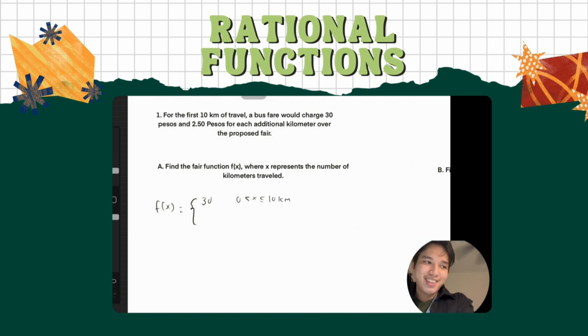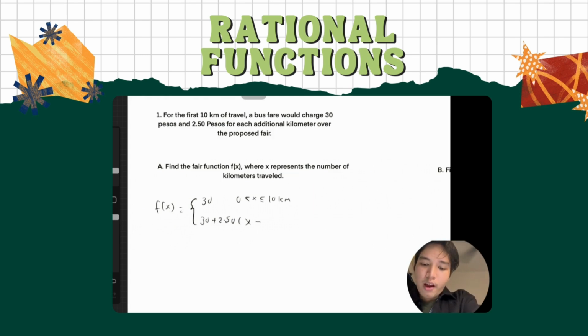And what happens if we travel over the proposed first 10 kilometers? So let's write 30 pesos plus an additional 2.5 pesos multiplied for each additional kilometer. So we multiply 2.5 by the additional kilometers, with x as the distance.